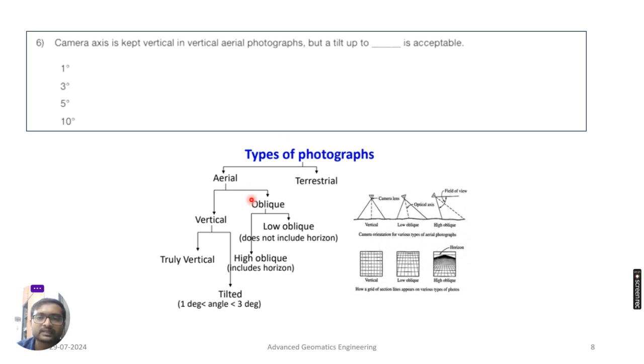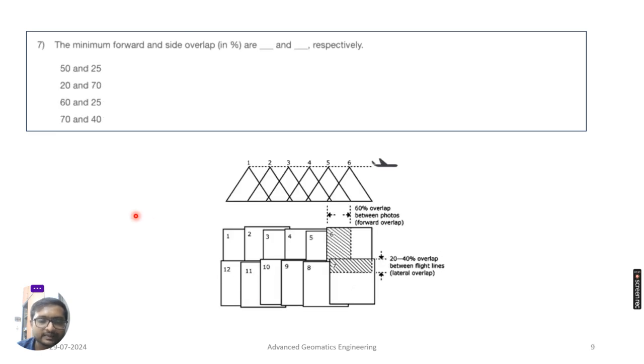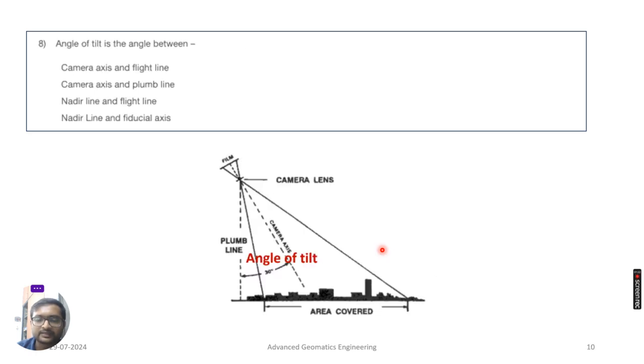In vertical photographs, tilt up to 3 degrees is acceptable. The minimum forward and side overlap while collecting data through aircraft is 60 and 25 percent: 60 percent in the longitudinal or forward direction and 25 percent in the lateral direction.